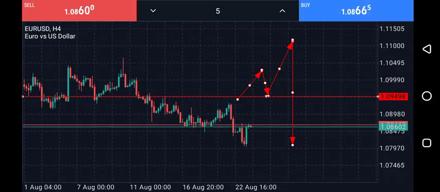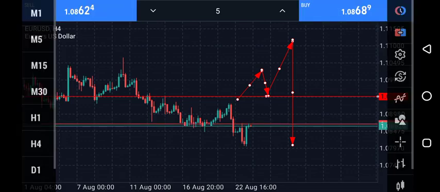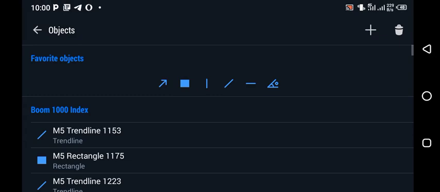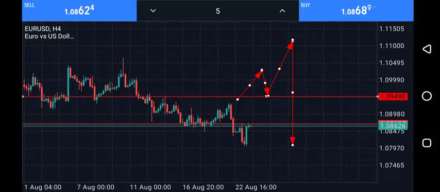When the market took out that line, we call it a break of structure. Even more so here, the market took out that structure, but it's still a break of structure. How to identify which one is a valid one depends on the higher time frame.